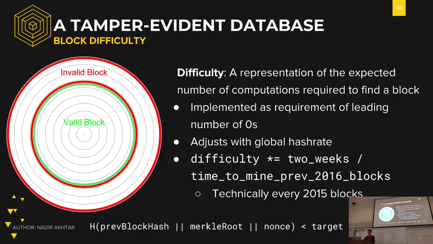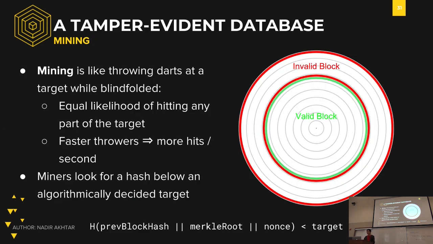Can you elaborate what is the target? So the target is, we want to find some hash that has some arbitrary number of leading zeros. That's the technical aspect of it.